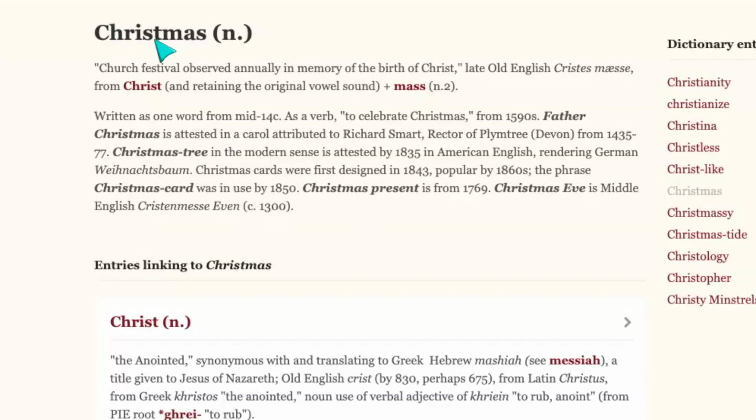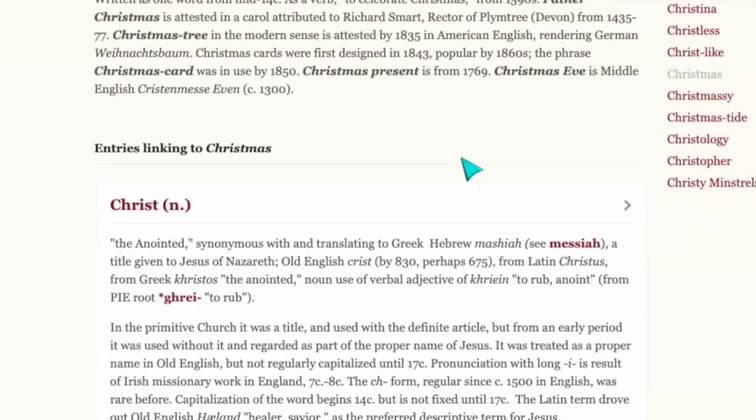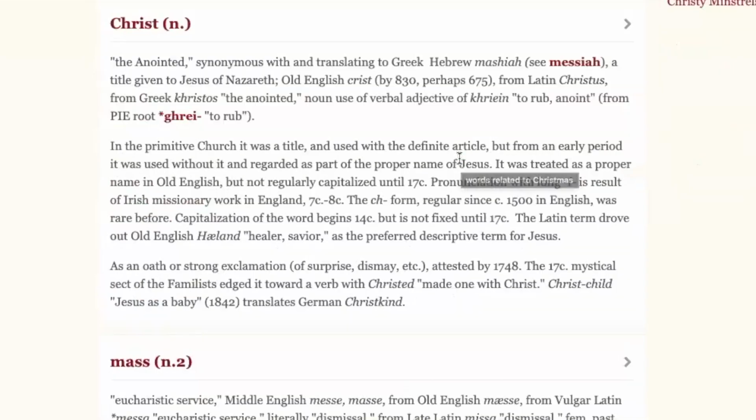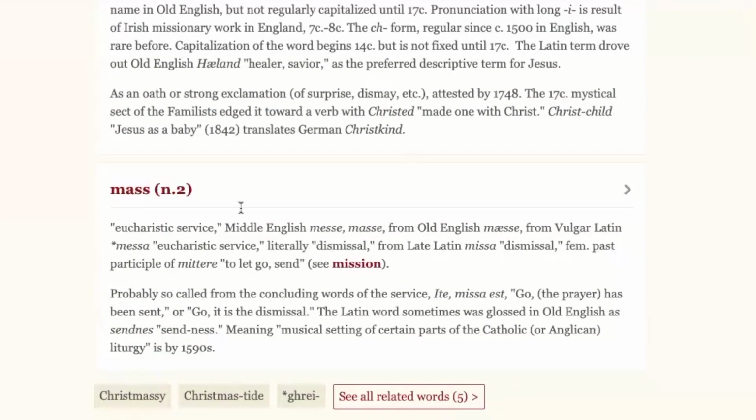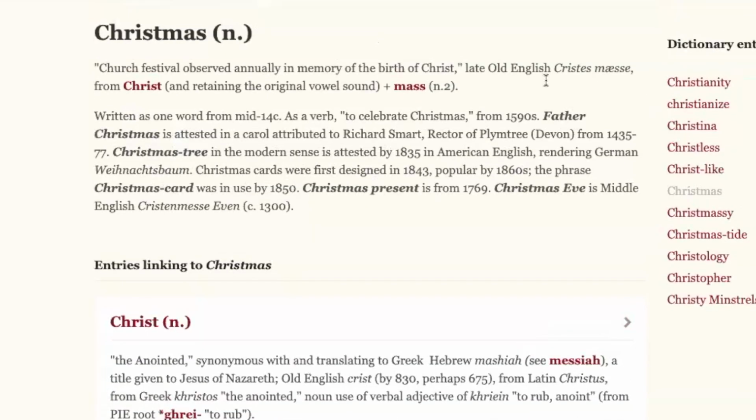Interesting. So we say Christmas. If I'm reading this correctly, it would have been Christmass back in the day. Interestingly enough, it doesn't tell us when that S was dropped, because you'll see here in the Old English, there's two S's there.